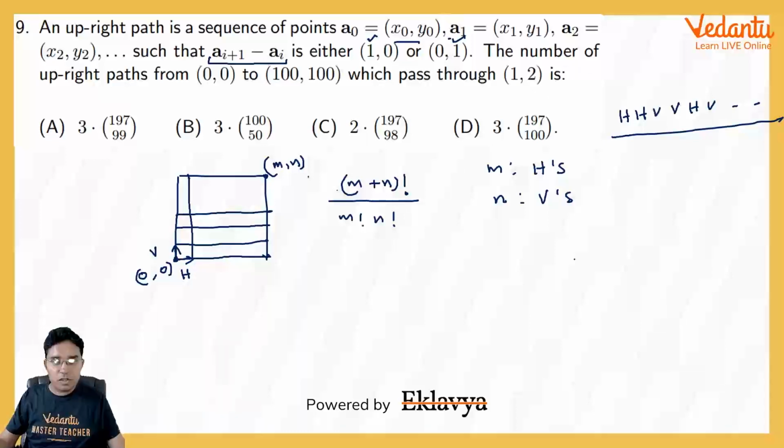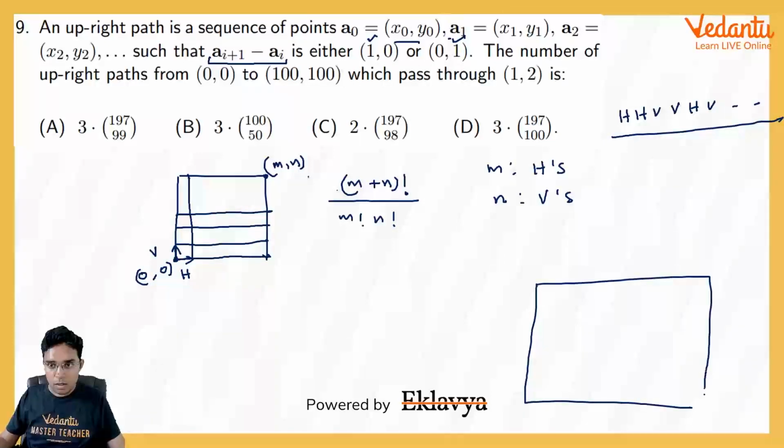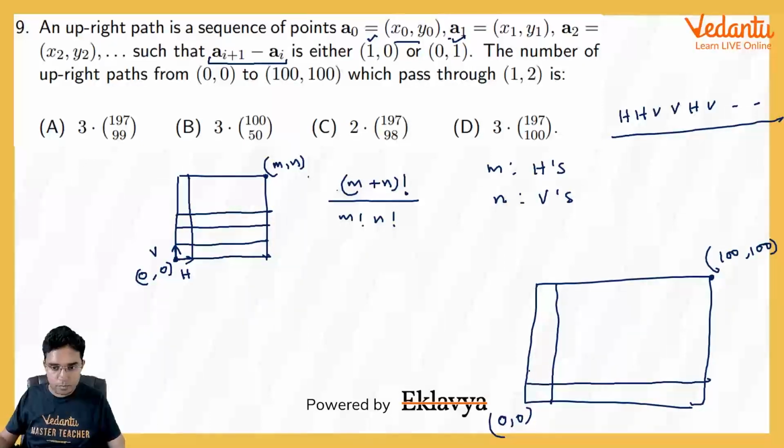Now our question is that we have to go from (0, 0) to (100, 100), but via this (1, 2). So this is (0, 0). So (1, 2) means it would be here.